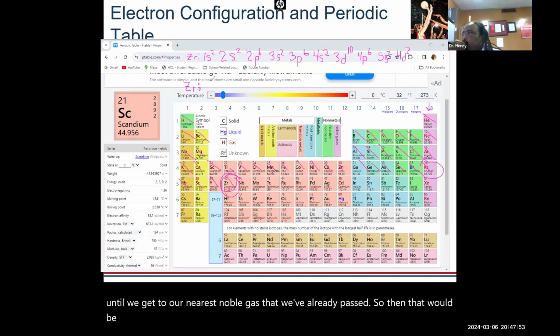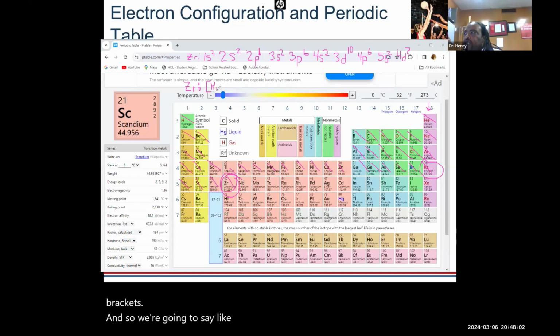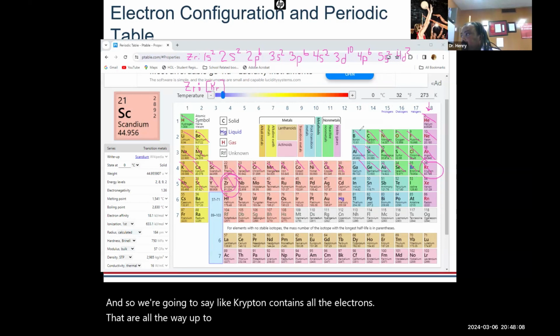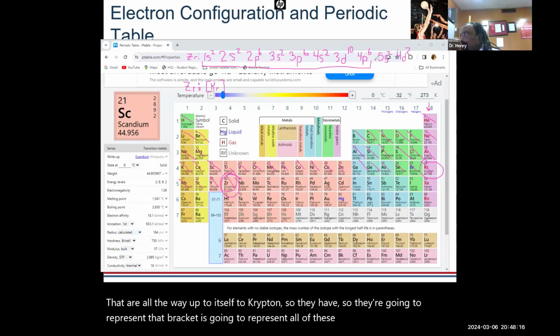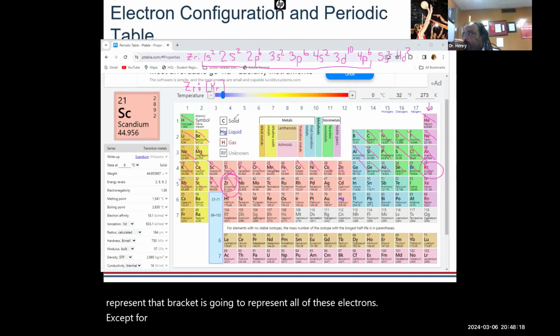So then we're going to put krypton in brackets. Krypton contains all the electrons all the way up to itself. That bracket is going to represent all of these electrons, except for that 5s and that 4d.